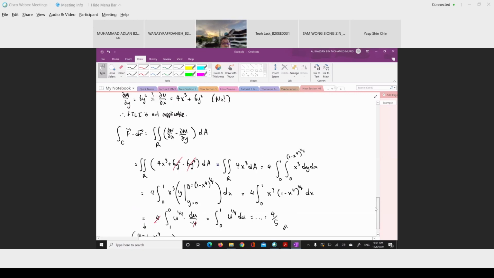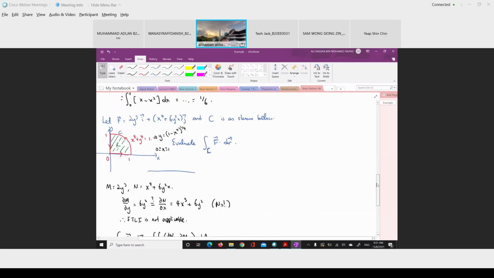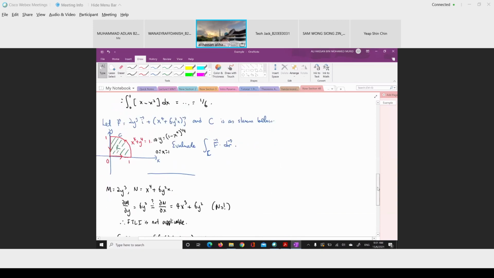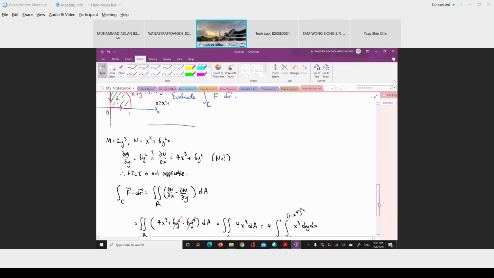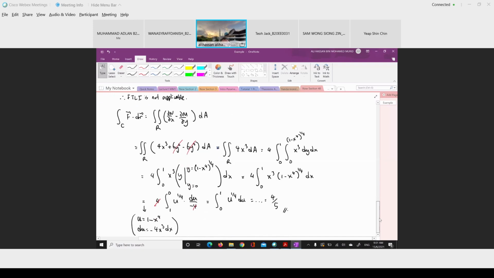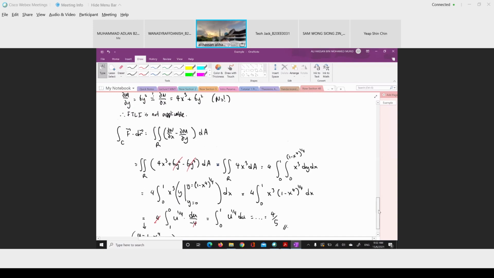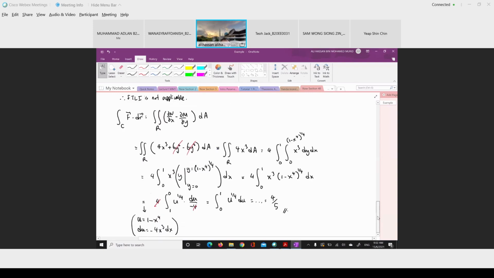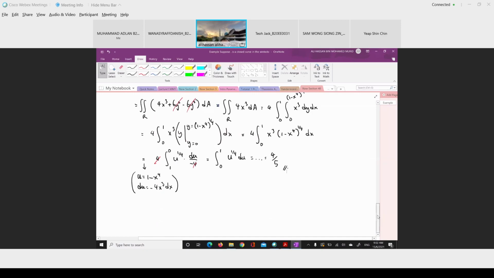So here we also have a line integral which can be evaluated using Green's theorem. And of course, this is much better than using the parametrization method. Any question for this example?